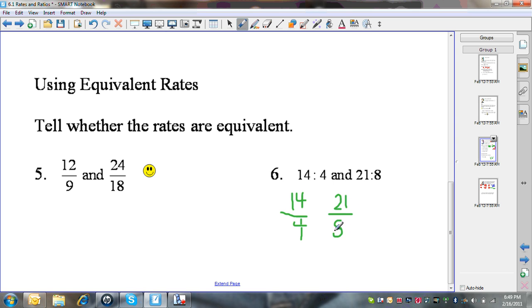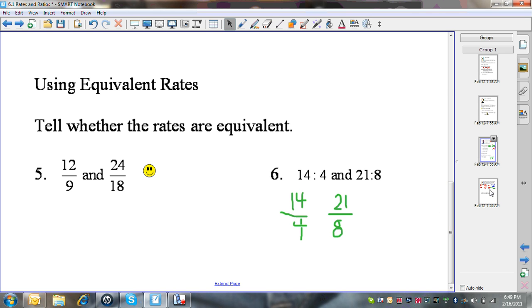We know that we can multiply 4 times 2 and get 8, but 14 times 2 is not 21. So no, these are not equivalent rates or ratios. They are not equivalent.